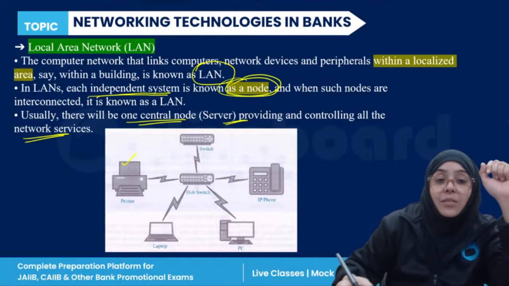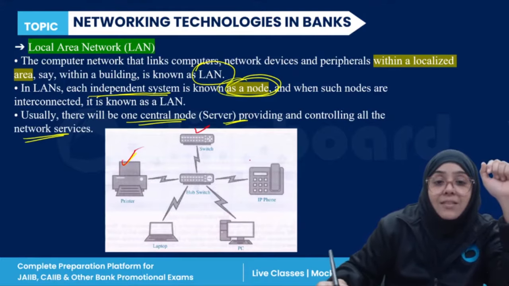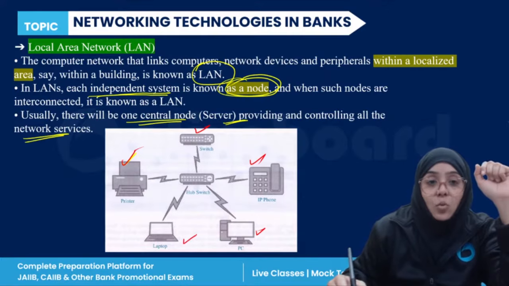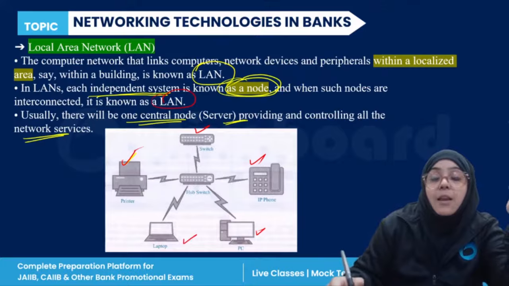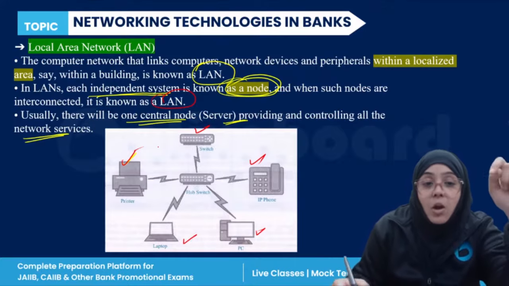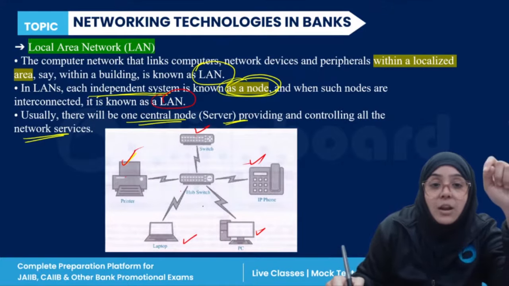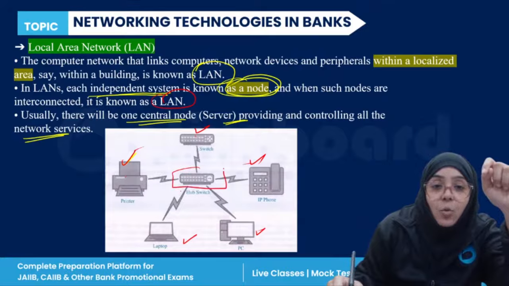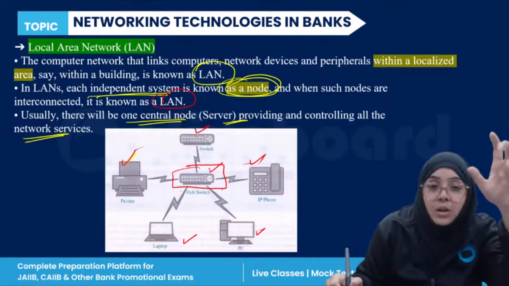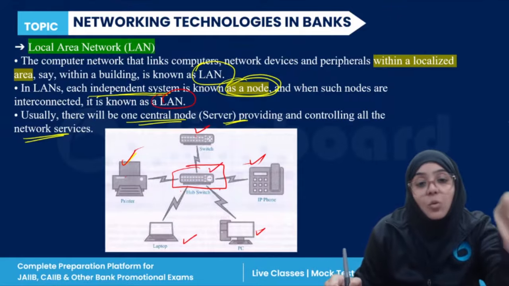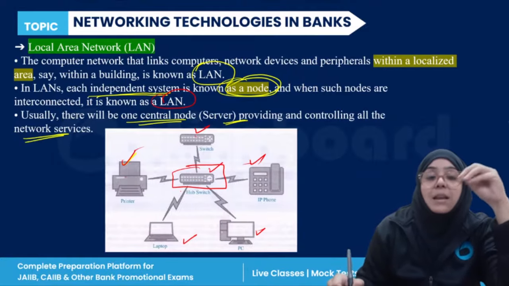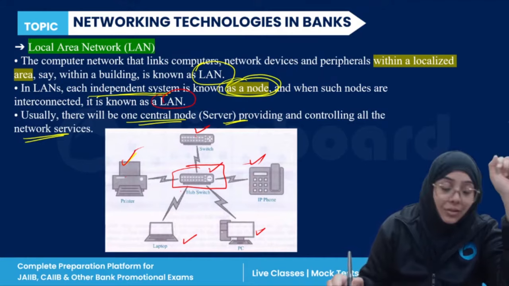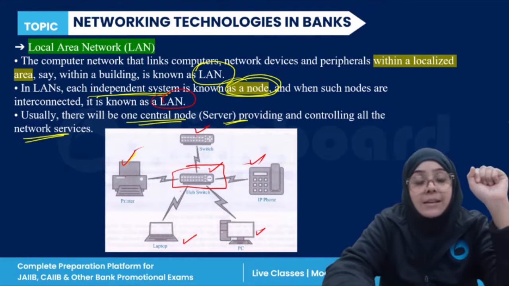If you look at this diagram, these are nodes, and they are interconnected with each other to form an area known as a LAN. Each is connected to a central node known as the server, which controls the complete network. So this is the local area network.